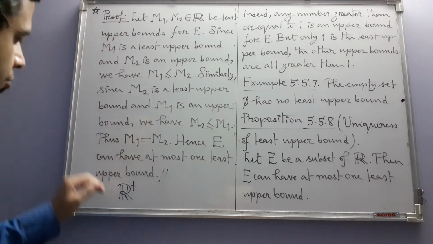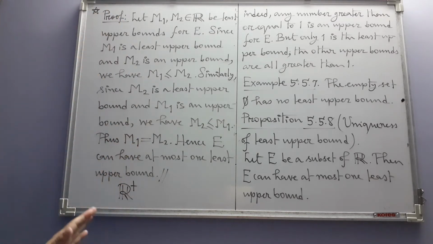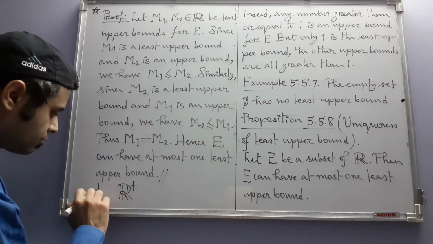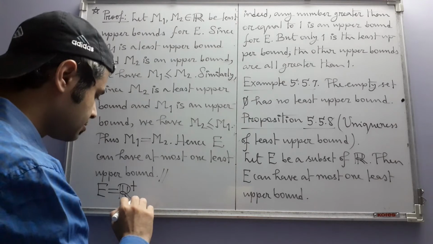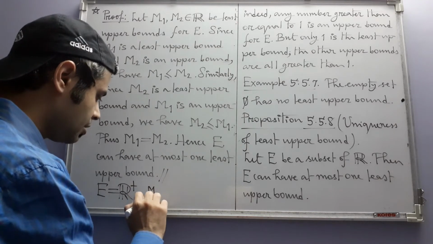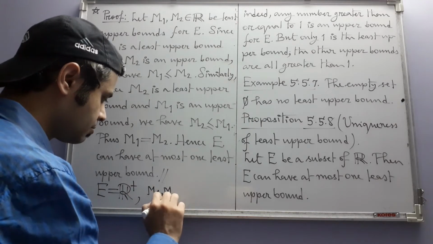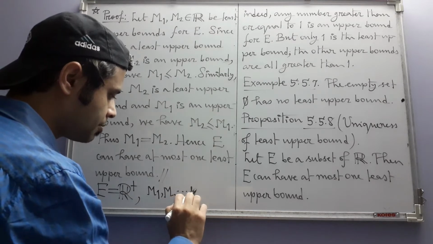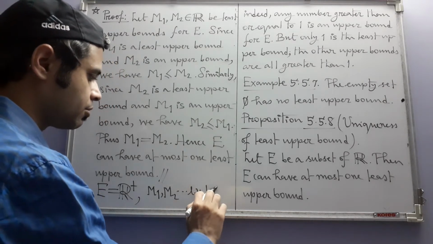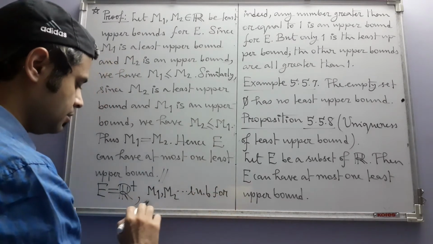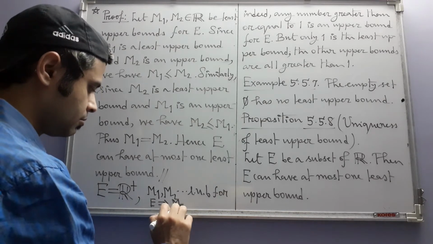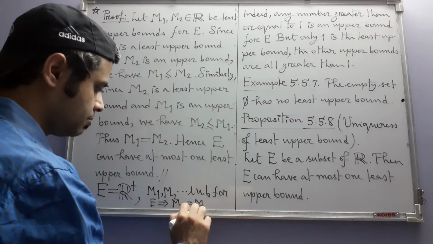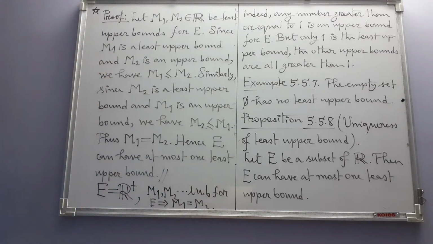What is this proof for this particular set? If you take E equal to R plus, then this proof says that if M1 and M2 are two least upper bounds for this E, then M1 is equal to M2.